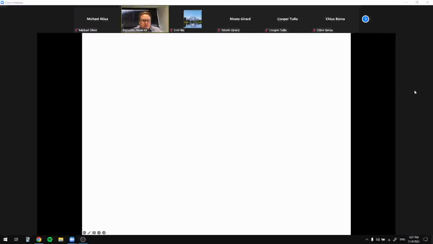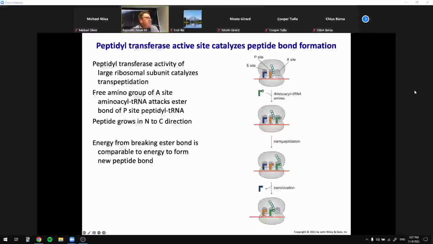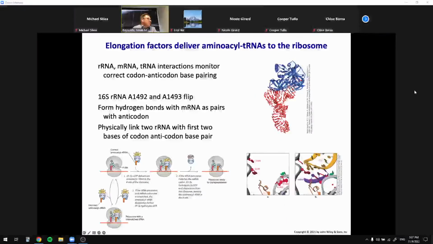Then remember, EFTU is going to hydrolyze GTP for each cycle. So remember, EFTU brings the tRNA with GTP to the A site. It's going to hydrolyze GTP. So each one of those tRNAs that get brought, now we get a GTP hydrolyzed.